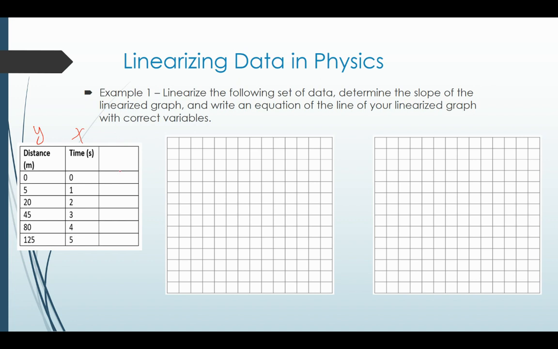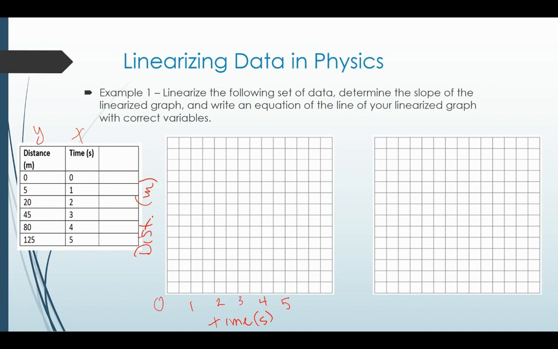We are always given an extra column because once we analyze the data and know what kind of relationship we have, we have to manipulate the variables. So I'm going to go ahead and take this data and graph it, always labeling my axes, time in seconds and distance in meters. My time goes from 0 to 5, so I'm just going to skip 1, 2, 3, 4, 5.